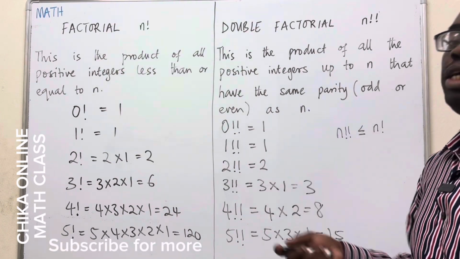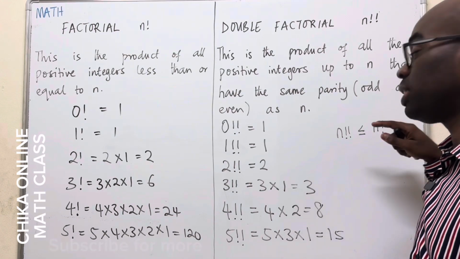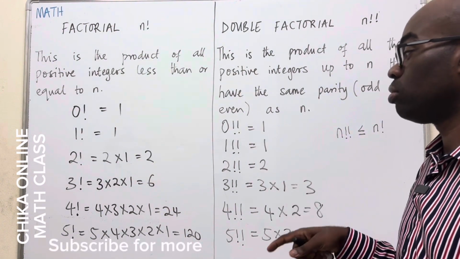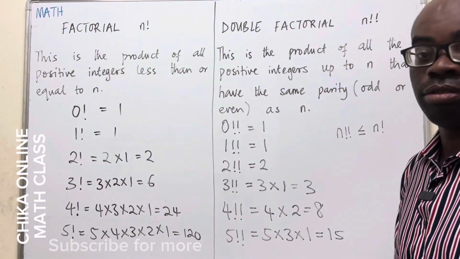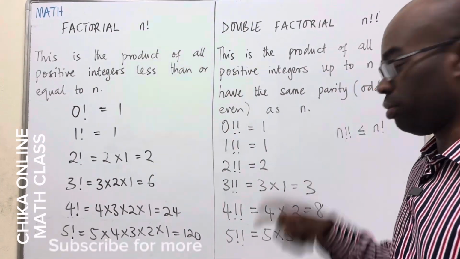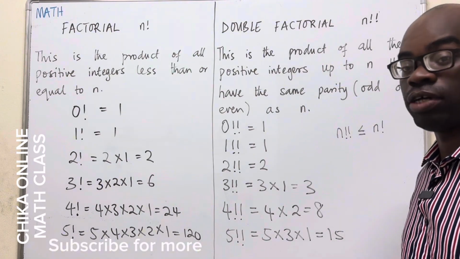It doesn't make it bigger. If you compute the double factorial, it's always less than or equal to n factorial. It's only equal for 0, 1, and 2. But for 3 upward, as in 3, 4, 5, 6, 7, 8, you understand? The double factorial is always less than the factorial.